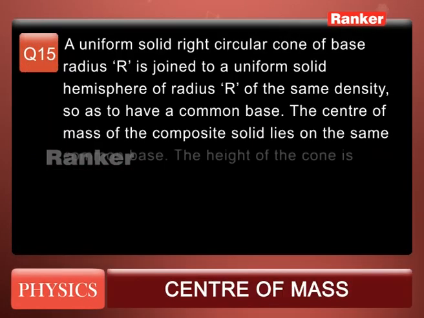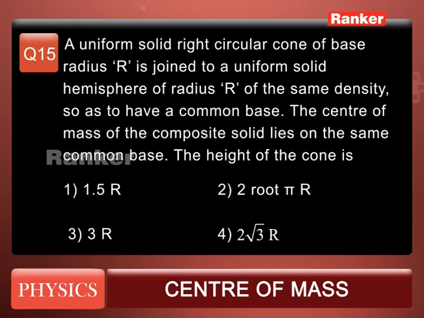Question number 15. In this question it is given a uniform solid circular cone of base radius r is joined to a uniform solid hemisphere of radius r of the same density so as to have a common base.